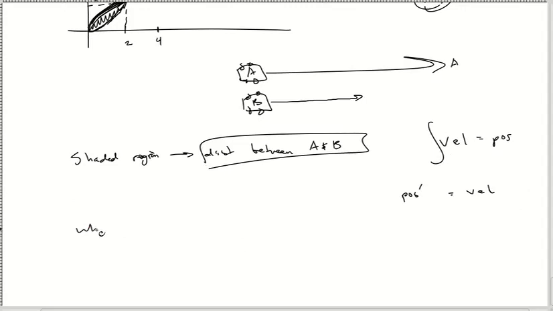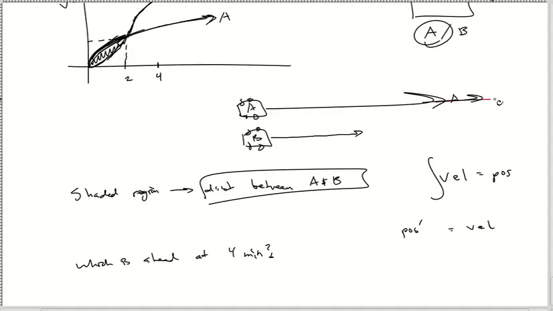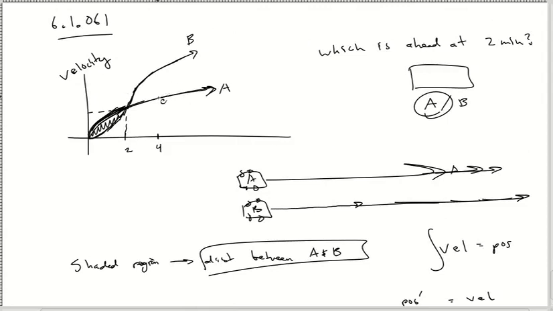It says now, which is ahead at 4 minutes. So the scenario's changed a little bit. Car A's cruising almost at a constant speed now, but B is really getting faster. Who is actually going to win? This is actually guesswork. I mean, you would have to look at this. I don't think they gave you any kind of functions.